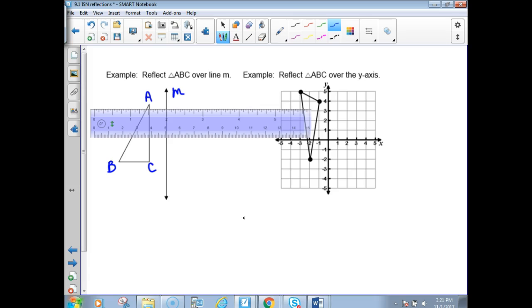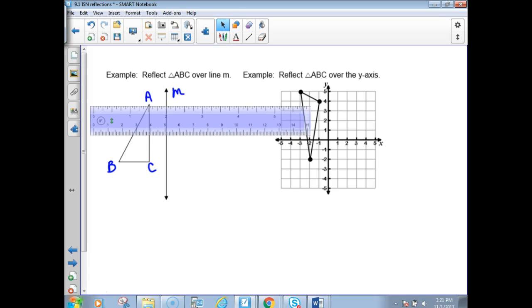We are going to reflect the triangle over the line by measuring how many marks from the 2 it is to get to point A. Gotta hold that ruler straight, lined up nice and straight so that it's at a right angle with line M. If you wish, you may even draw a line from A to the other side.